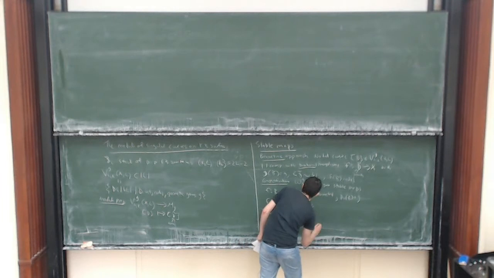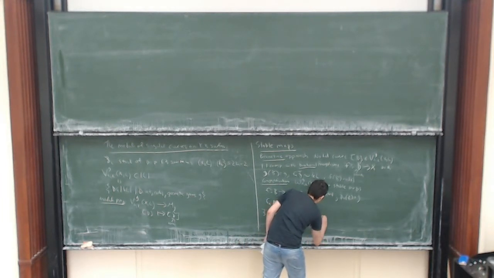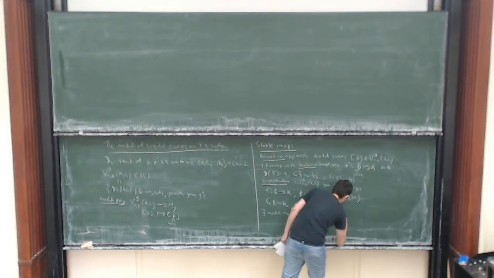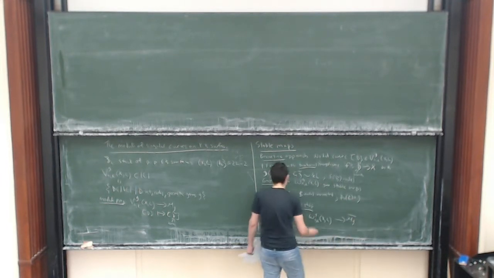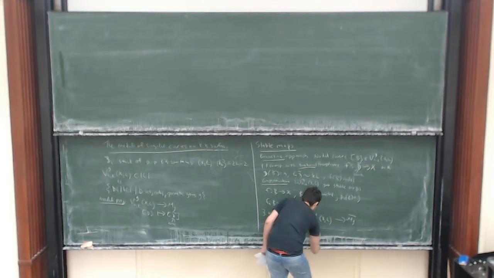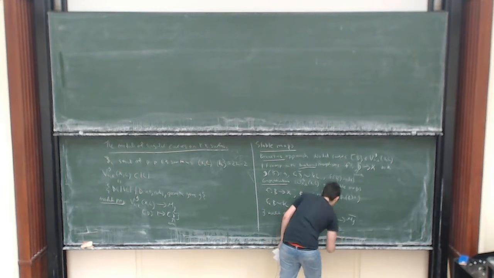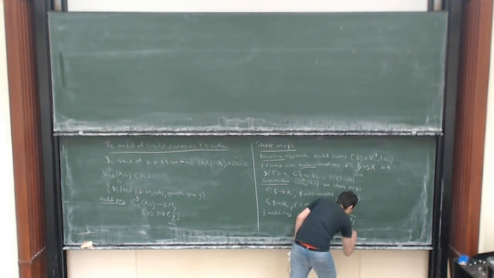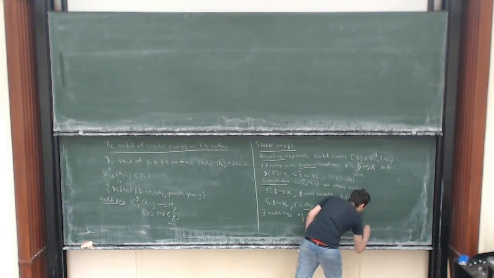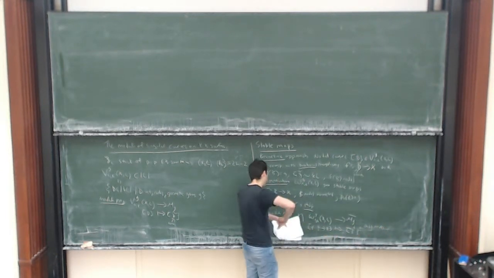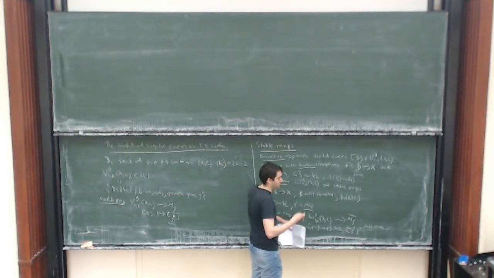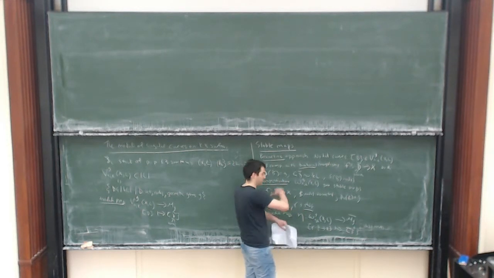It's just a forgetful map, which goes to M_G bar, and you just take f to the stable model of B. So stable here means that if E is a component isomorphic to P1 and it is contracted to one point, then it must meet the rest of the curve in 3 points.